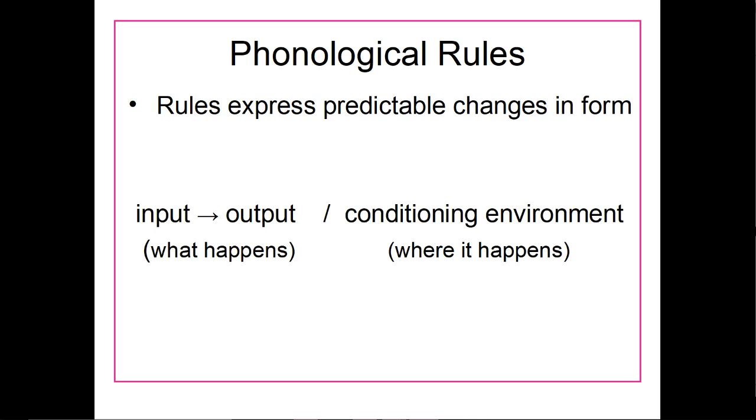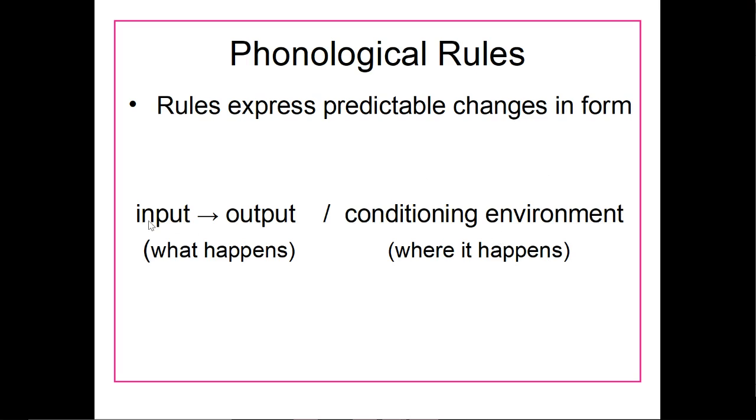They'll write down what's called the input, which is the basic underlying phoneme that's changing. And the output is what the phoneme changes to. So they'll do the input, then an arrow, then the output, and that whole thing is what happens. Then a slash, and then they'll put down the conditioning environment, which is where it happens.